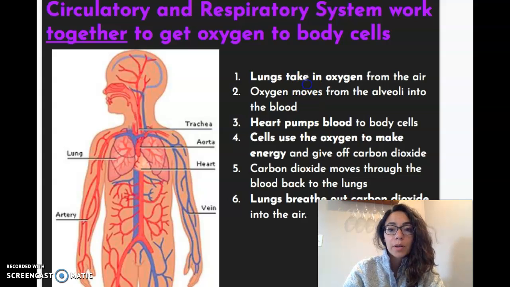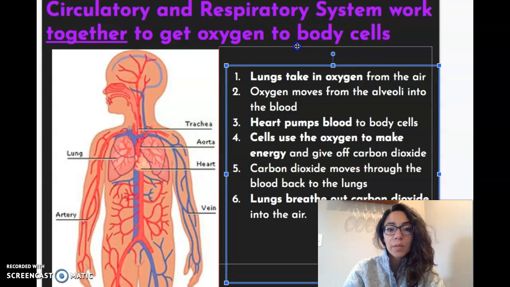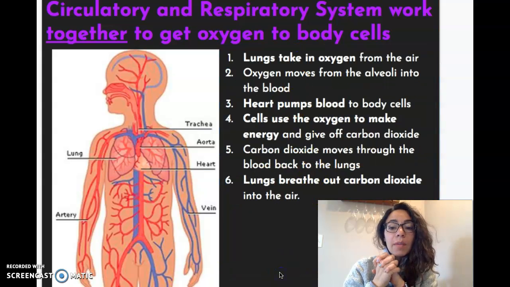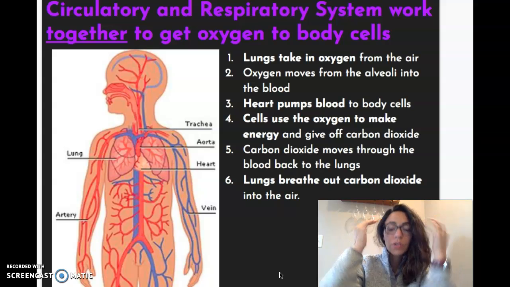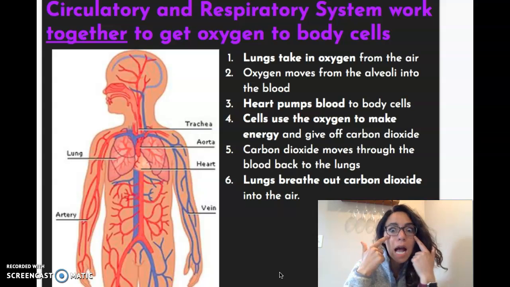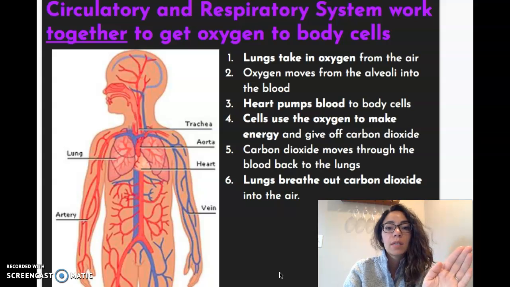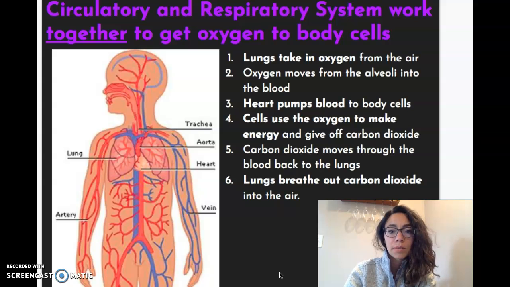And if you remember, all of the cells in your body need oxygen because that's how they make energy so that cells can function. Your brain cells, your skin cells, your eye cells, every cell in your body needs oxygen to function.